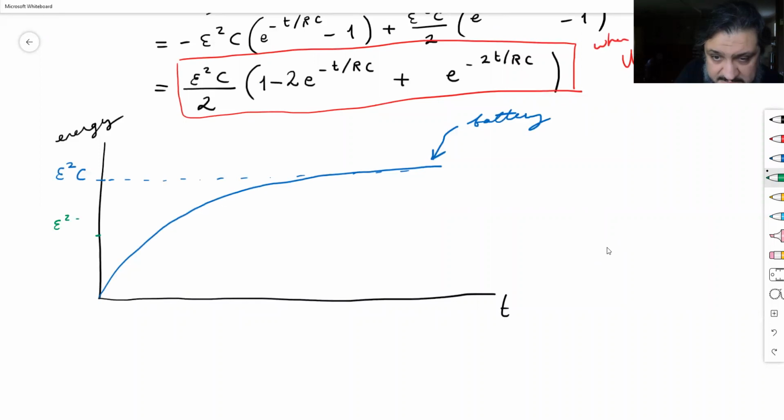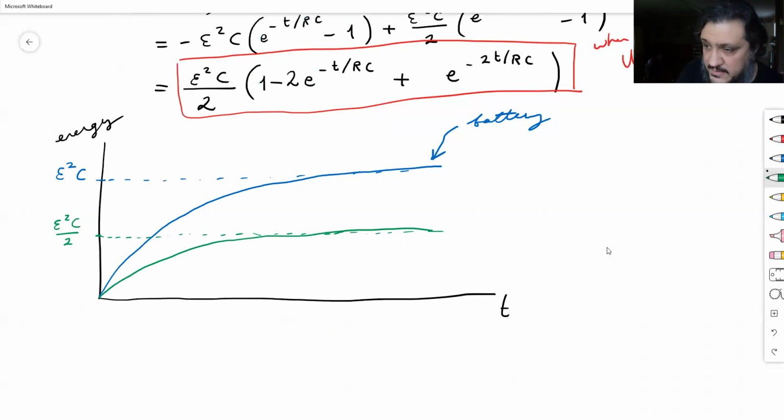E squared C over 2, right? So we know that asymptotically, is that the right word? When t goes to infinity, we have to reach that. So it kind of looks like this. This is the resistor.